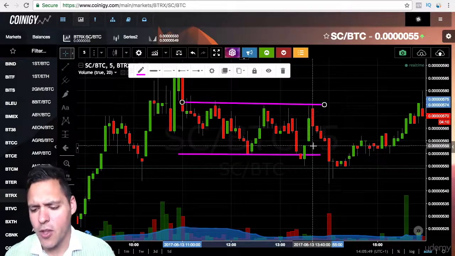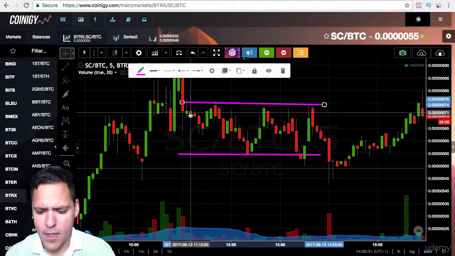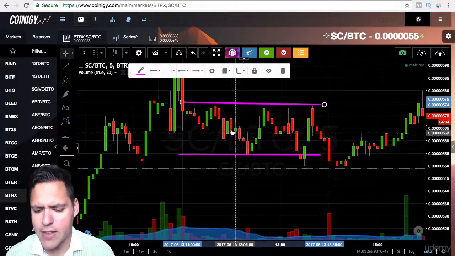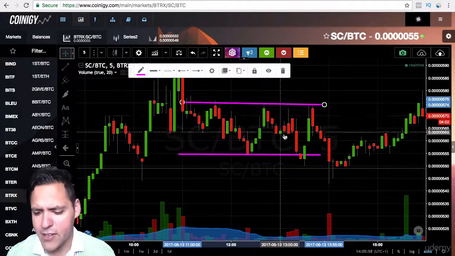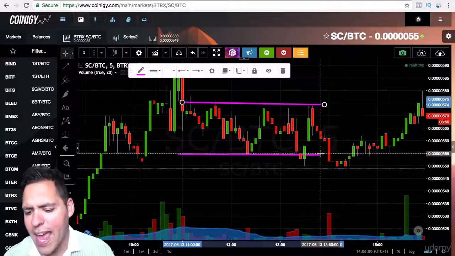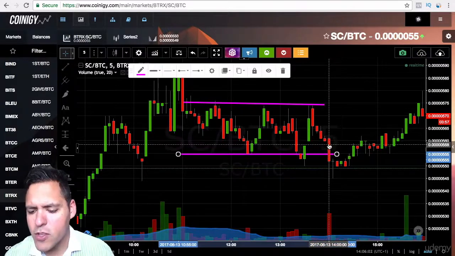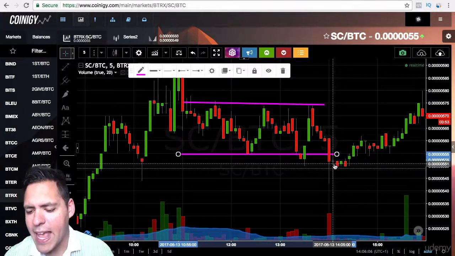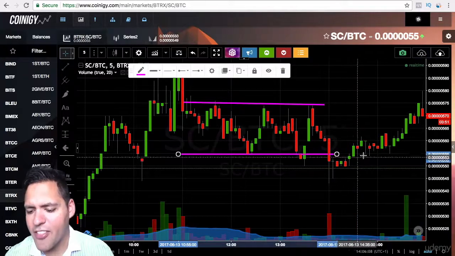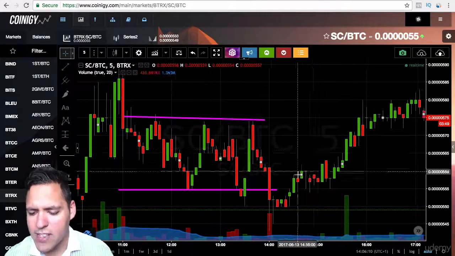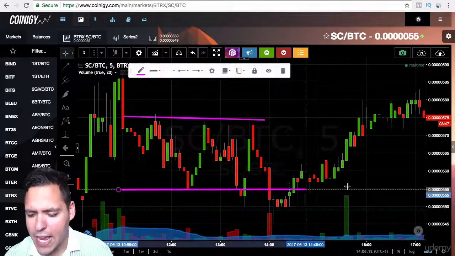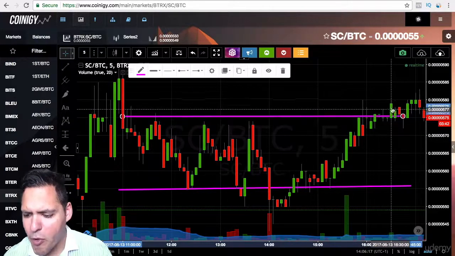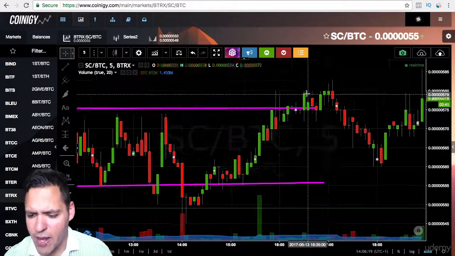So we had the sellers trying to bring it down, the buyers trying to bring it up, and you get it. It kept on going for a while. Then this candlestick seemed to break through the support line, and it slightly dropped. Then buyer support continued and broke the resistance line, and it went up.